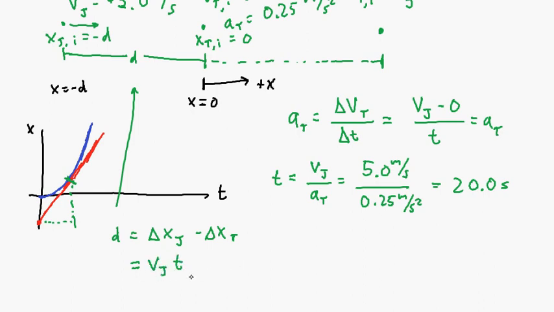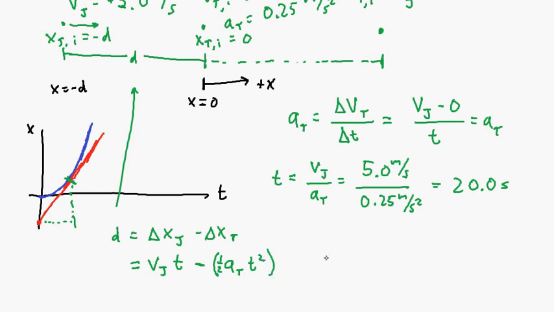That's how far he goes. And the train goes, well, the train starts at some initial speed of 0, which we're going to leave turned off. So really it's 1/2 the train's acceleration times t squared.